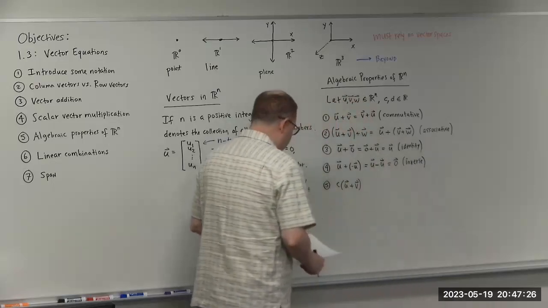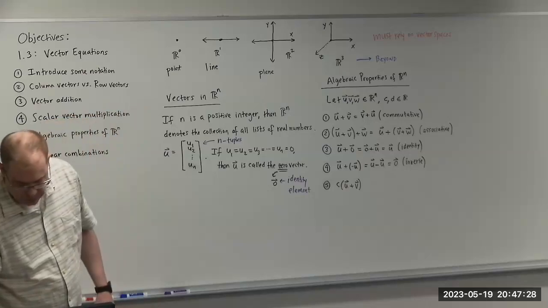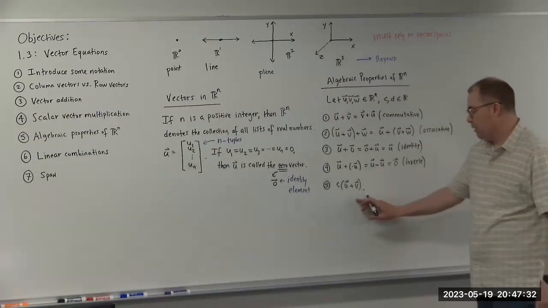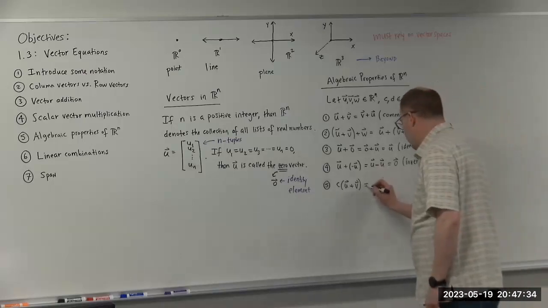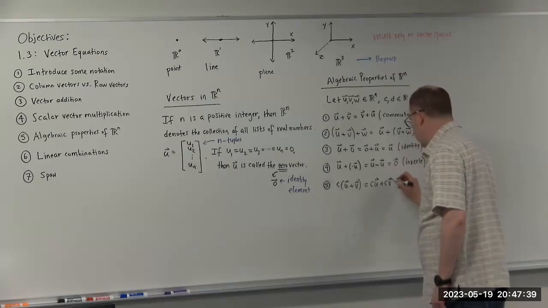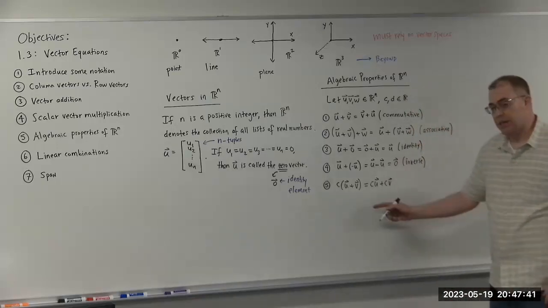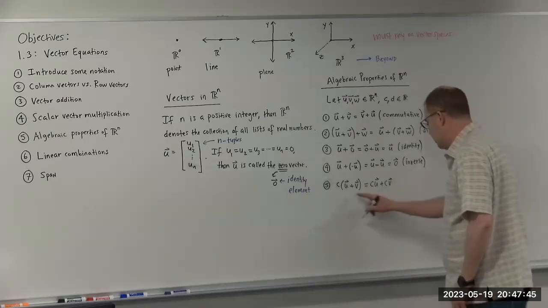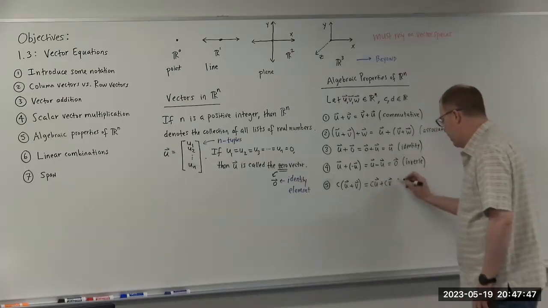If c is our scalar value and we multiply it with u plus v, then we can distribute this scalar. This is called the distributive property. We're distributing over our vectors.